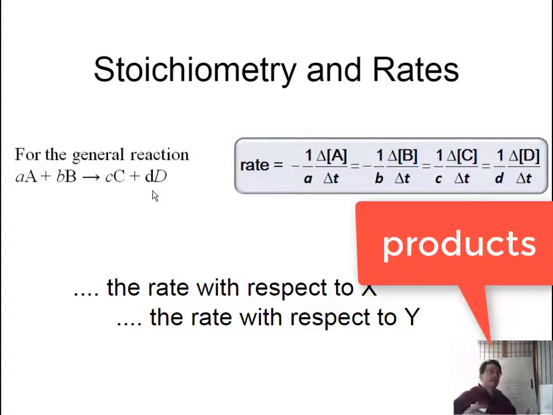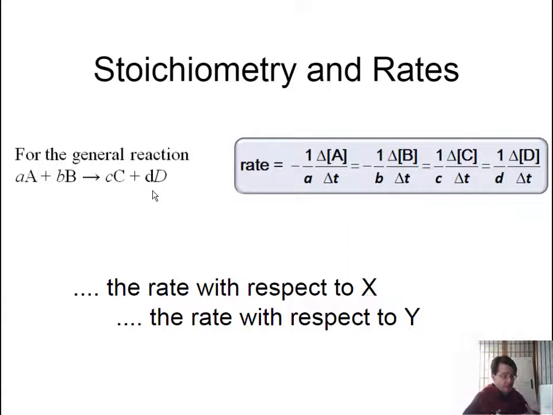Again, the negative sign is just there as a side effect of how we're looking at the reaction, final minus initial, when you're dealing with a starting material. Again, we typically do not express a rate as a negative number. It is how fast the reaction is going. Doesn't matter if it's increasing or decreasing.